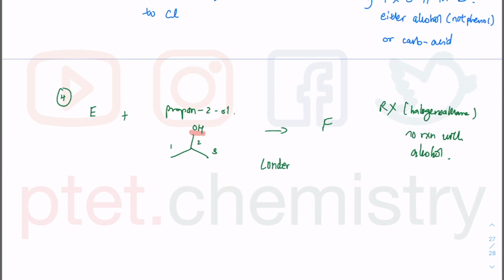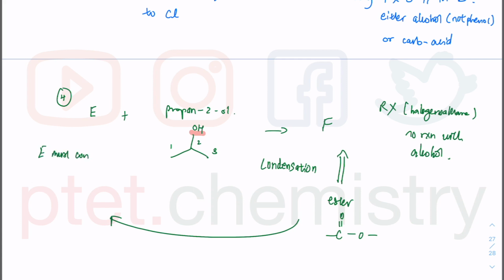Condensation reaction means this F is going to be an ester containing C double bond O, and this brings back the idea that E must contain acyl chloride and not a halogenoalkane, because if it's a halogenoalkane, no reaction, so it must contain acyl chloride.